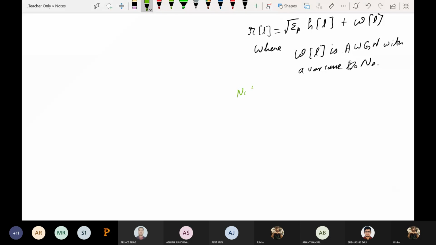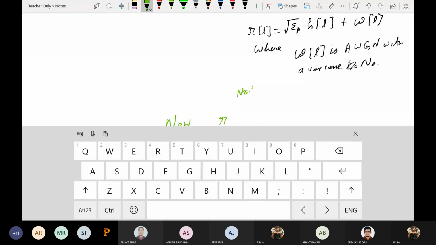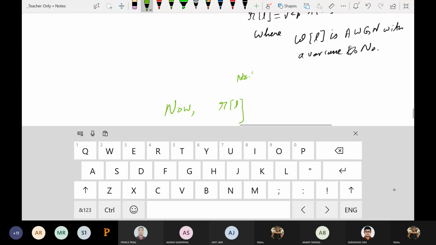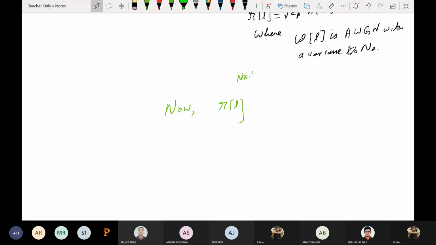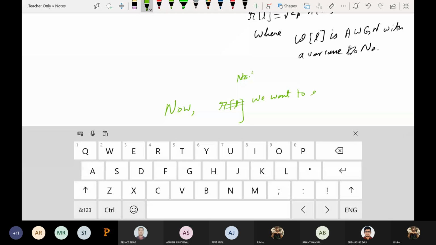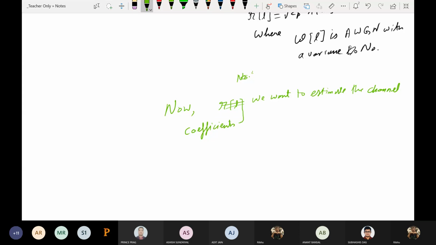Now, RL, oh sorry, equals this. We want to estimate the channel coefficients.